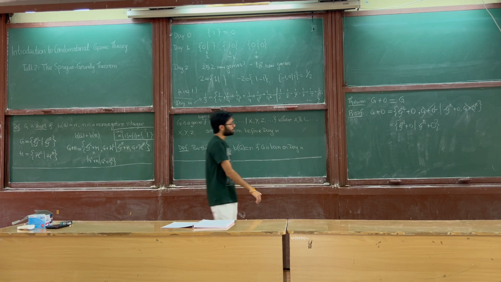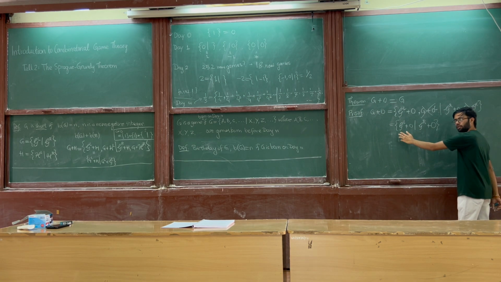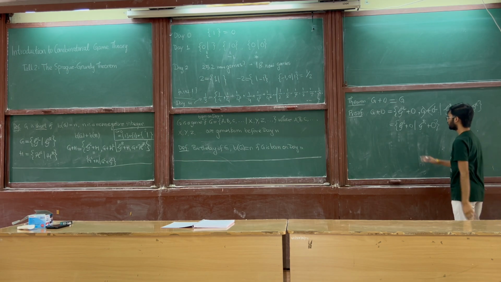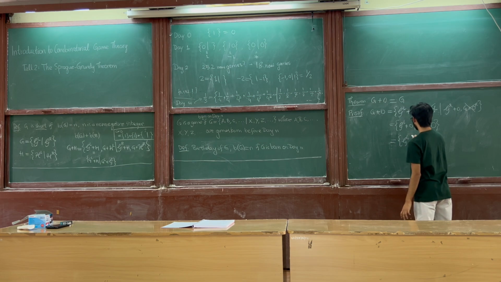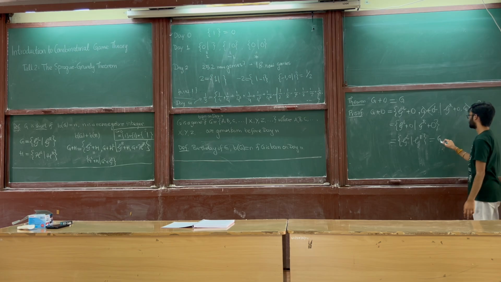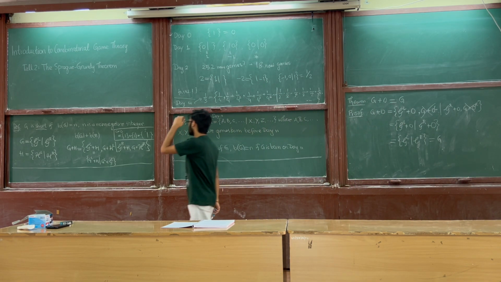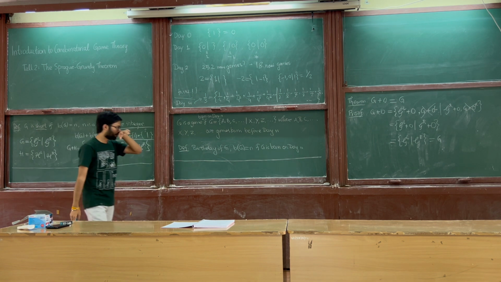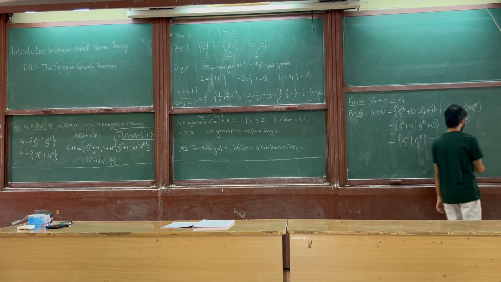So assume it's true for all G with B of G smaller than n. And notice that for things here and things here, the birthdays are strictly smaller than n. And so the theorem holds for them. And so this really is just this, and this is just G. So this proves this theorem, and this is exactly what we expect 0 to behave like.